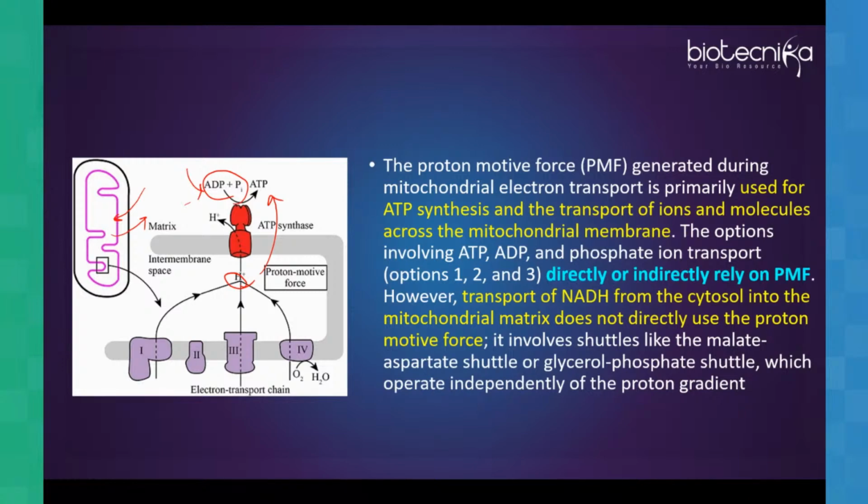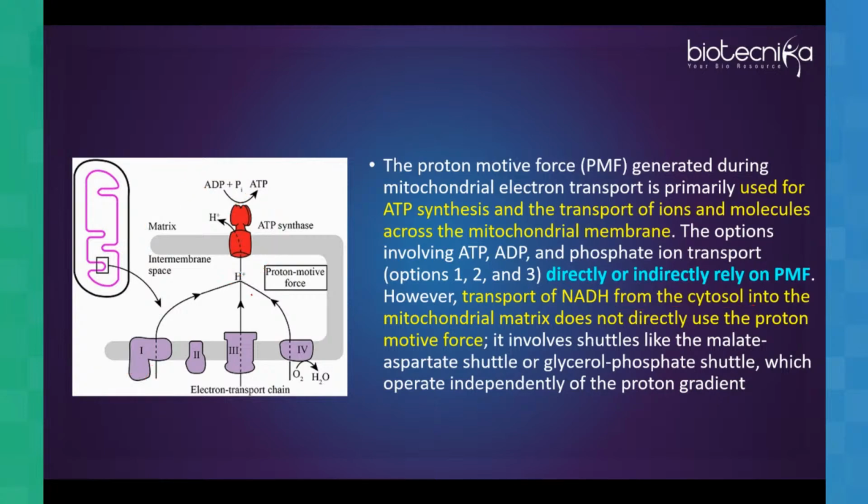But what is NADH? It's the source of electrons. NADH from glycolysis or from the TCA cycle gives electrons to the electron transport chain. The transport of NADH from the cytosol into the mitochondrial matrix does not directly use the proton motive force. It involves shuttles like malate-aspartate.